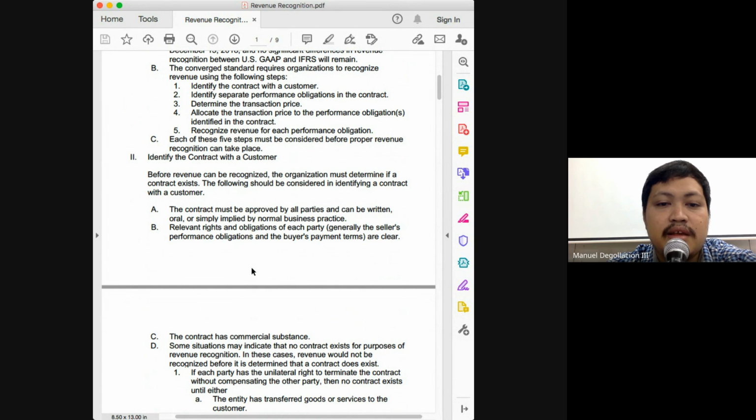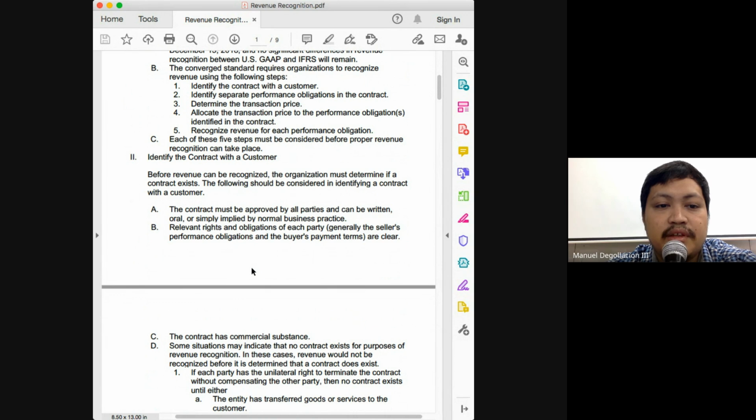What does letter A say? That the contract must be approved by all the parties and can be written, oral, or even implied by normal business practice. Okay? So there will be questions, class, asking whether the arrangement can be considered as a contract for the purpose of recognizing revenue, even though it is not written? And the answer is yes.